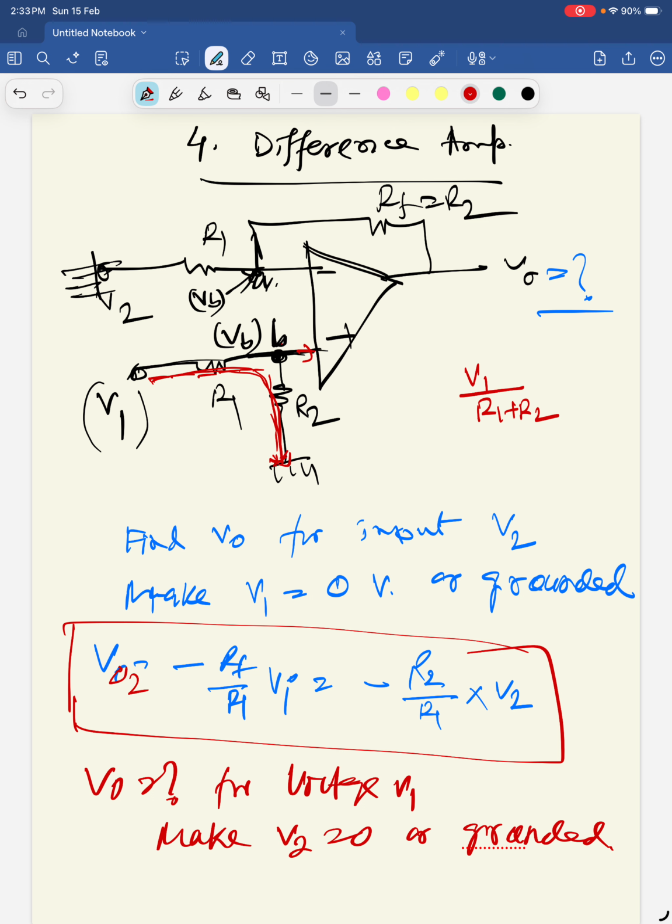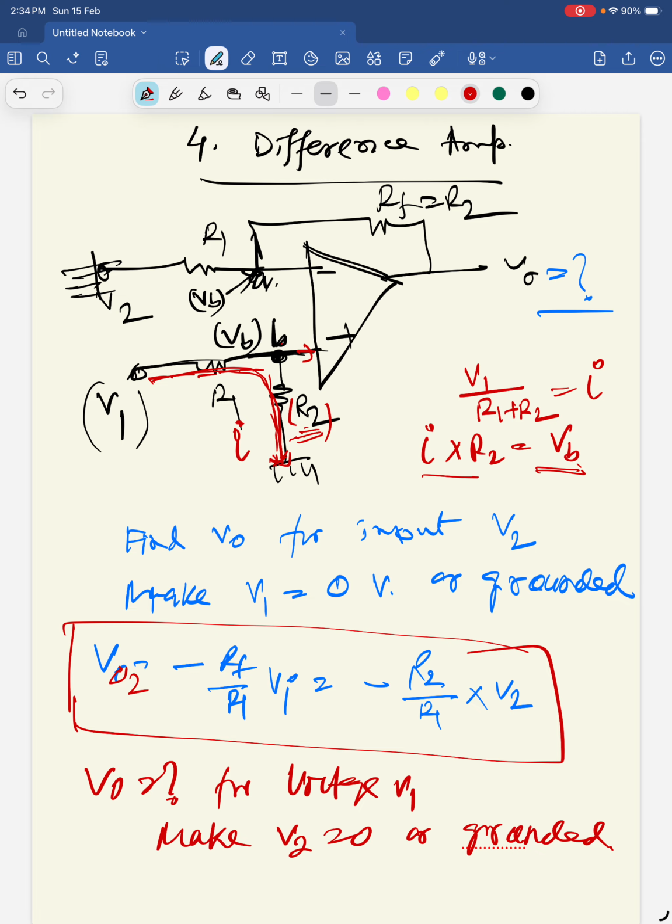Now what is VB? VB is the voltage across R2. So if this current is I, then I into R2 is nothing but VB, as per the circuit. VB means the voltage across this resistor R2. This current I flowing through the resistor R2, if we multiply I into R2, that will be VB. And what is I? V1 by R1 plus R2.